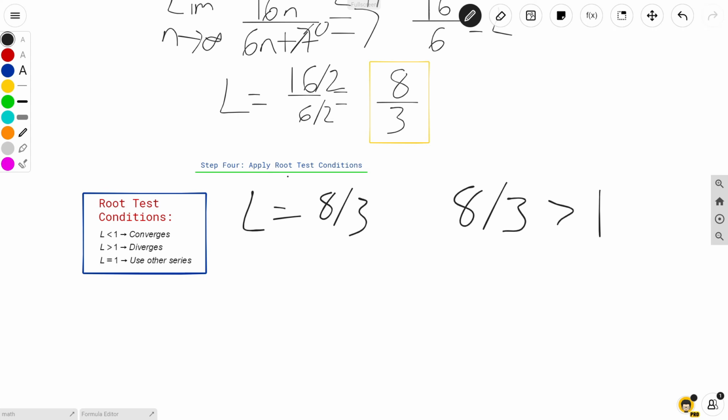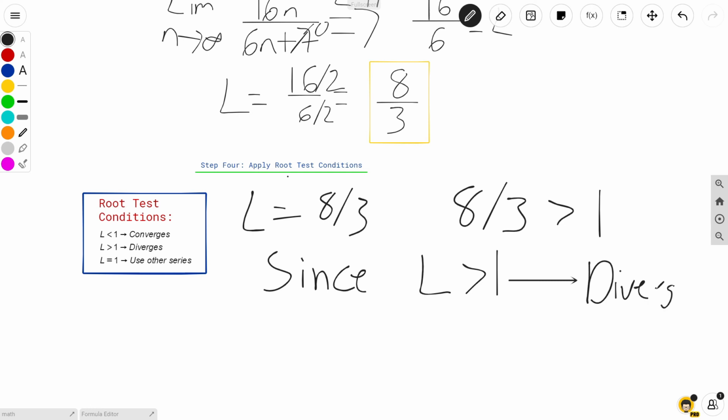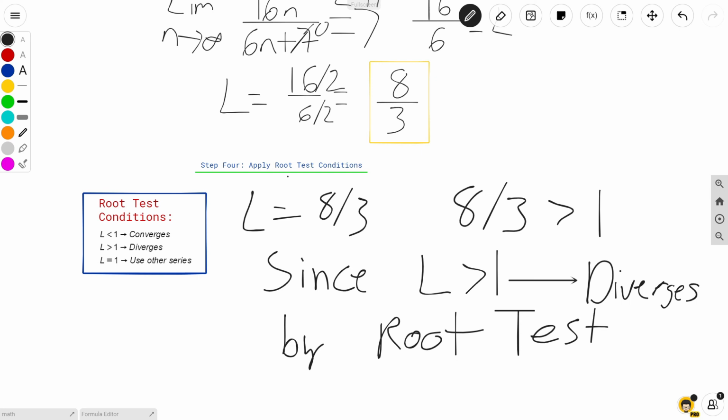So since L is greater than 1, according to the root test conditions, this series will diverge. Diverges by the root test. And that's how you would write it on an exam. You put diverges by root test. And that's the final answer.